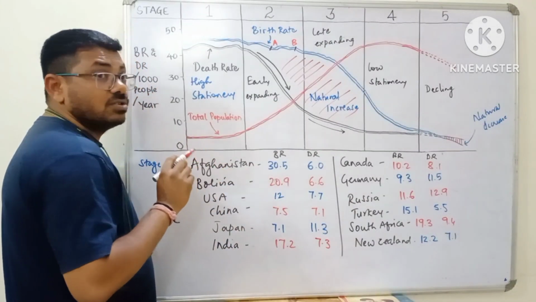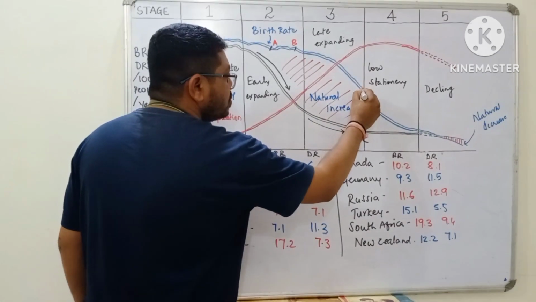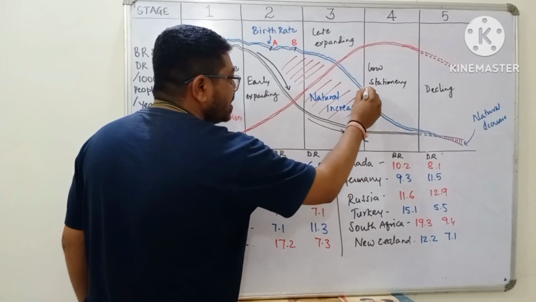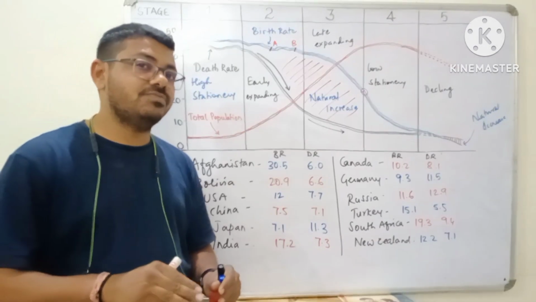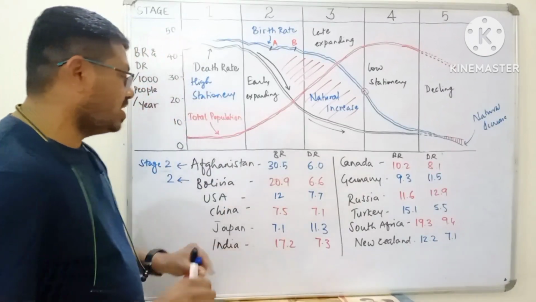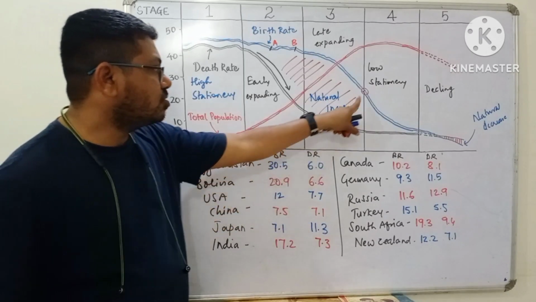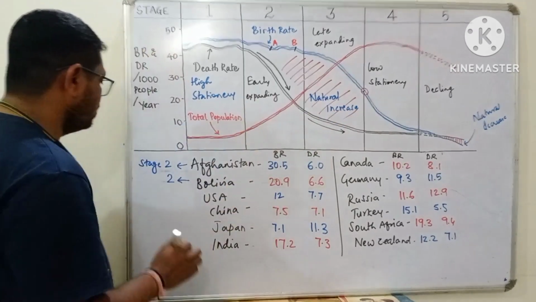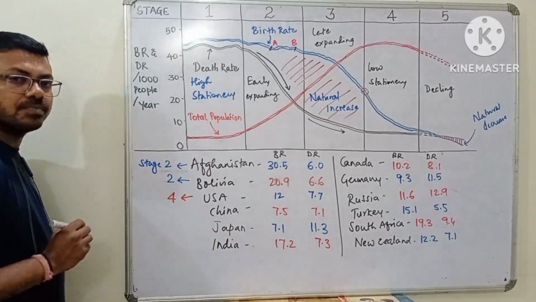It is in the transition stage, and might have just entered stage 4, because the gap between birth and death rate is very low. So you will find that USA is in stage 4.